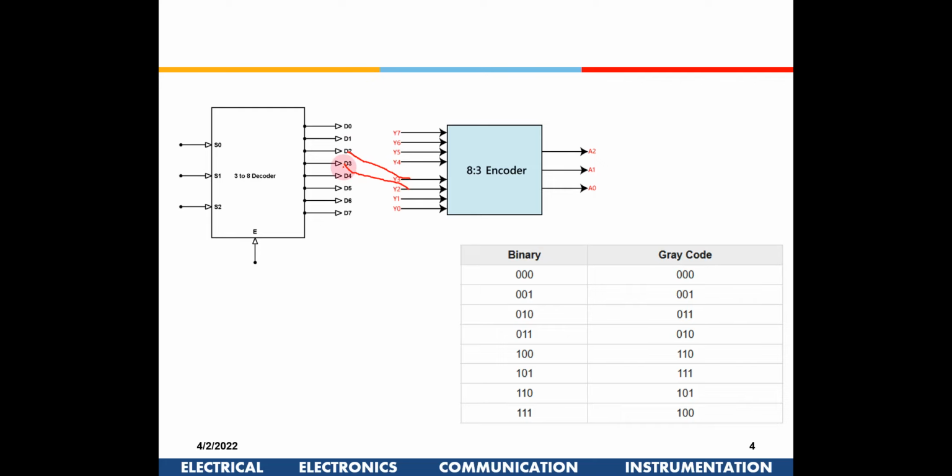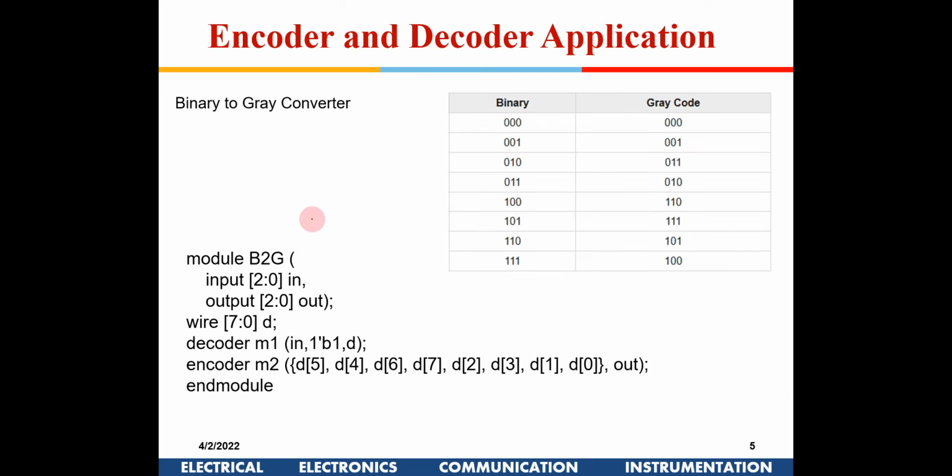So these data, if you see here, are being swapped out here, right? So this is how we write a code for it. So here if you see what has been done, I have an input, I have an output, and an intermediate wire out here, right? And then I have a decoder.